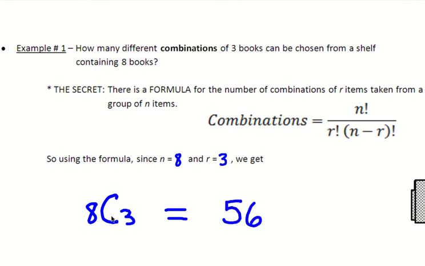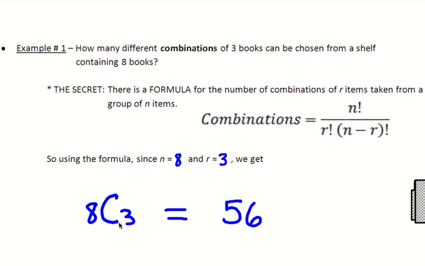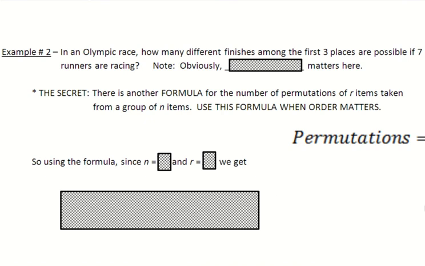So your calculator can do all this formula stuff for you. Otherwise you could do 8 factorial all over 3 factorial times 8 minus 3 factorial. But this is built into your calculator, and you can just do 8 NCR 3, and it's 56. So there's 56 different groups of 3 you can make from a group of 8. How about that?